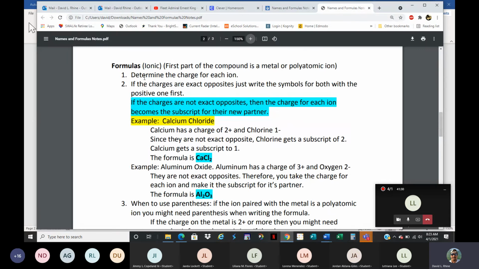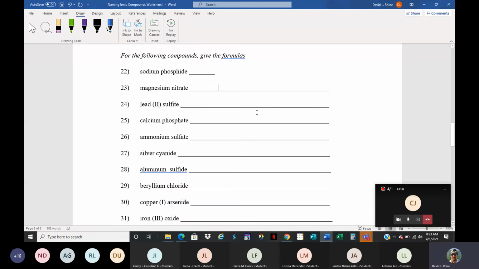Number one here. Got to determine the charge for each ion. So magnesium is a 2+, nitrate's a 1-. So that tells me I'm going to need 2 nitrates.